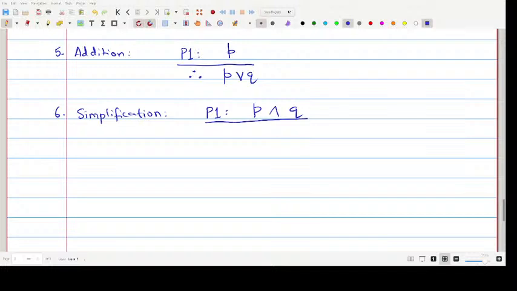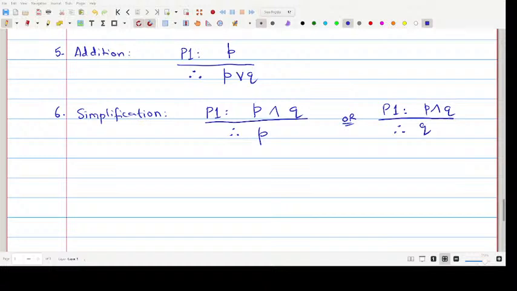So for the premise to be true, the conclusion should be P is true, or the rule of simplification can also help us in simplifying P and Q to derive just Q.